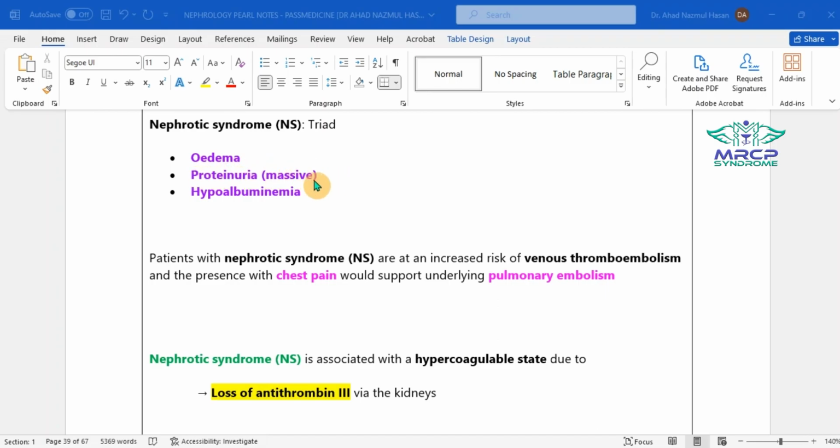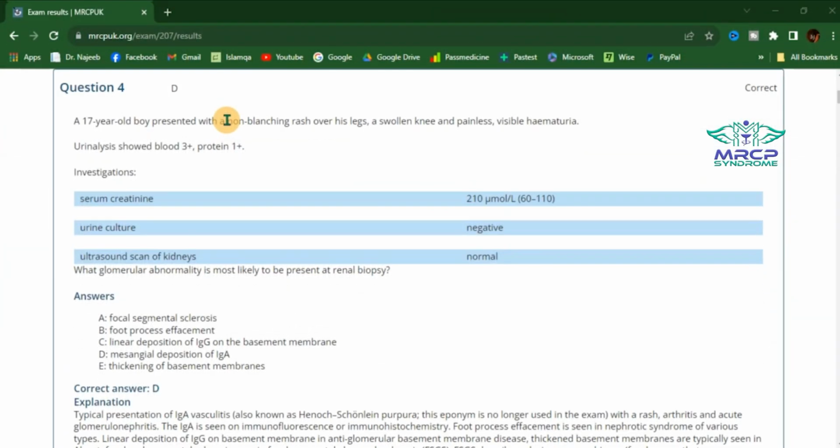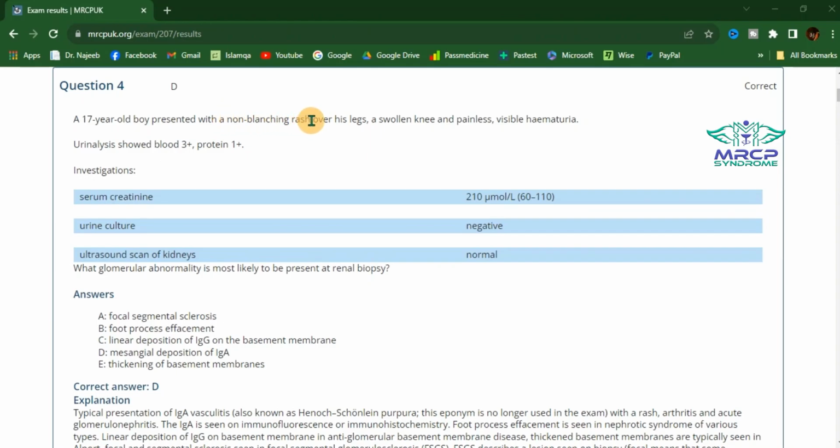Massive proteinuria is the hallmark of nephrotic syndrome. Without massive proteinuria, nephrotic syndrome is unlikely. The presence of non-blanching rash along with gross hematuria and the absence of massive proteinuria is excluding the nephrotic syndrome.